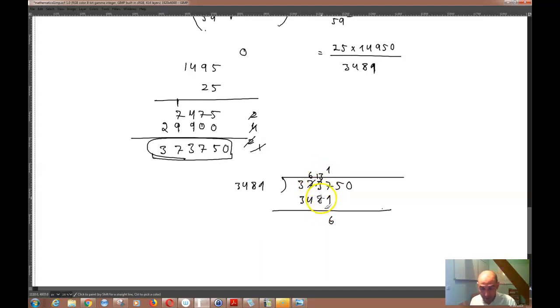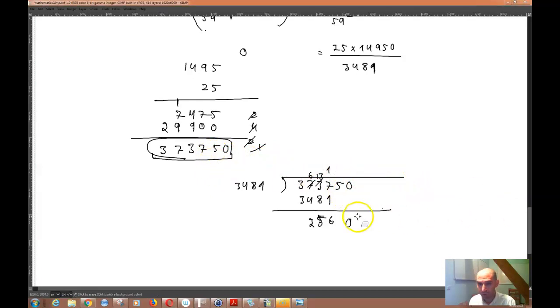So 13 minus 8 is equal to 5. 5 plus 8 is equal to 13, right? And 6, that's a 2, 256.